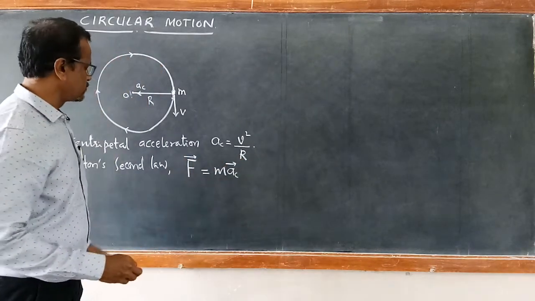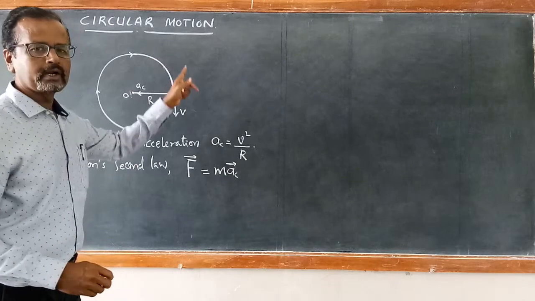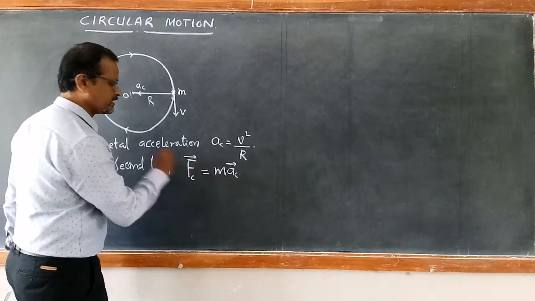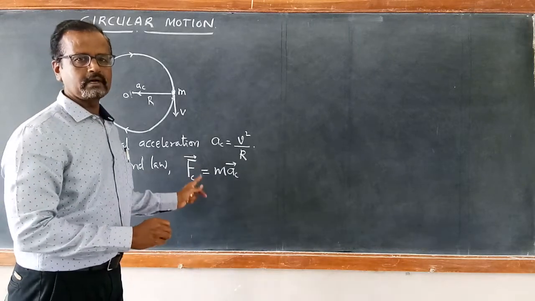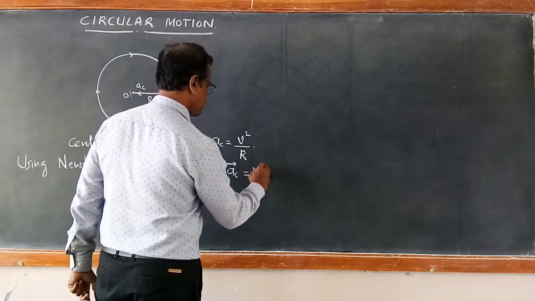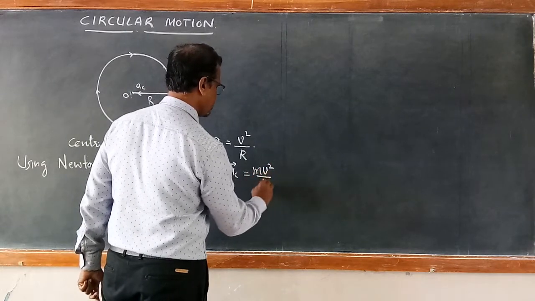So this force which acts on a body undergoing uniform circular motion is called the centripetal force, which can be obtained as m v squared by r.